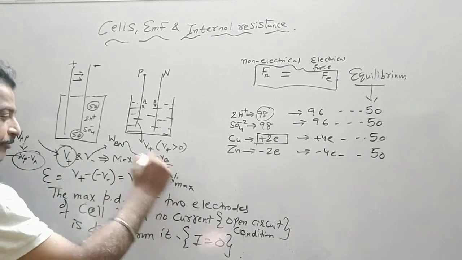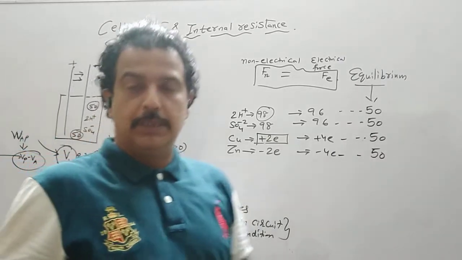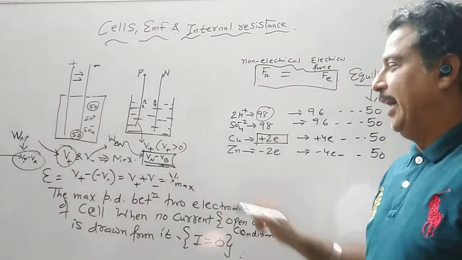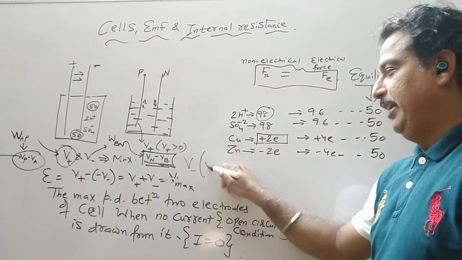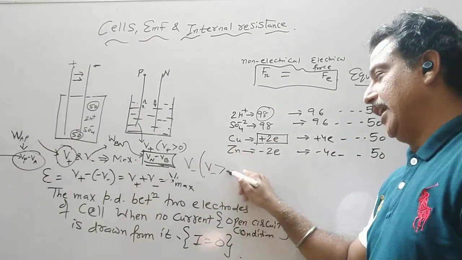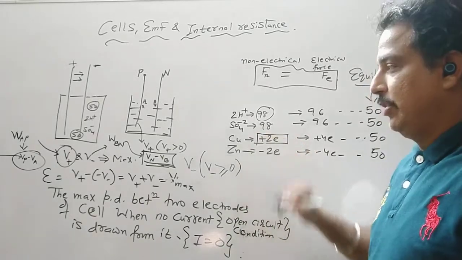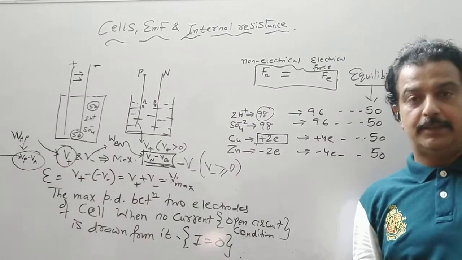So this potential difference is taken as V minus V plus inside the cell. V plus is positive, and V minus is greater than or equal to 0, but we have a negative charge, so we write minus V minus.